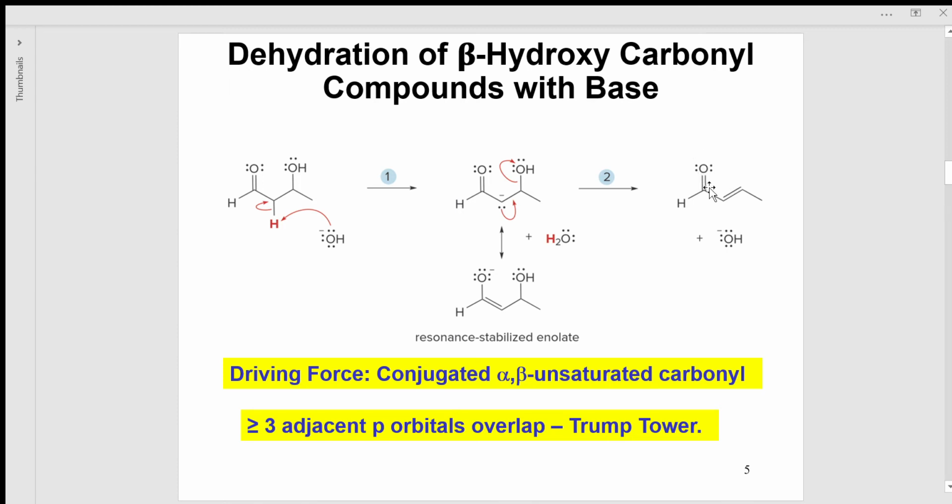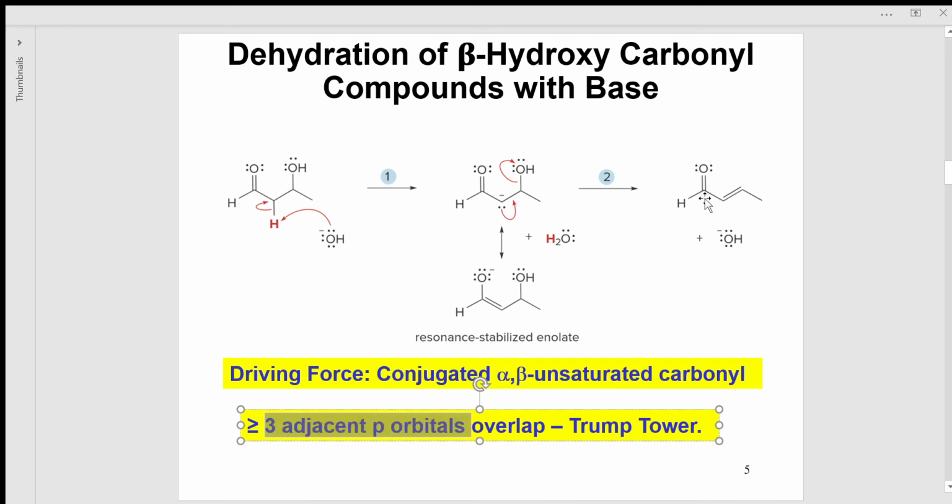So whenever they have sp2 hybridization, they actually meet the requirement for conjugation. This is what we learned in the conjugation chapter: equal to or more than 3 adjacent p orbitals.